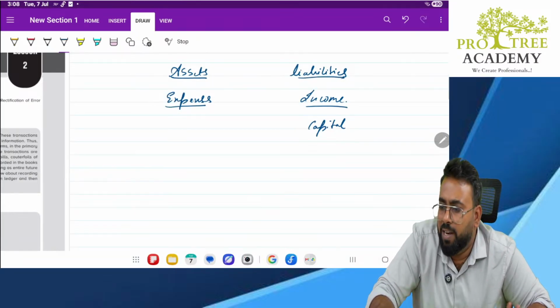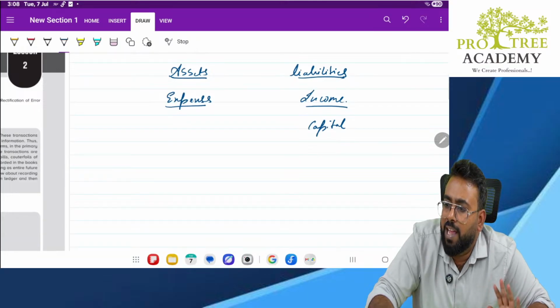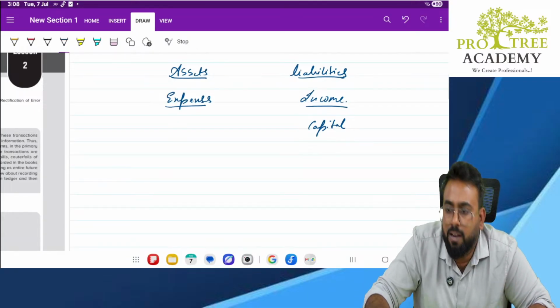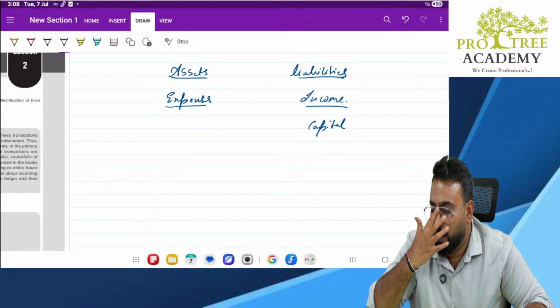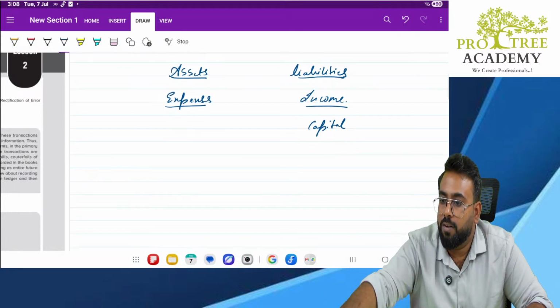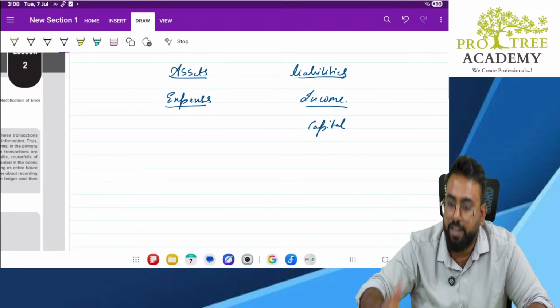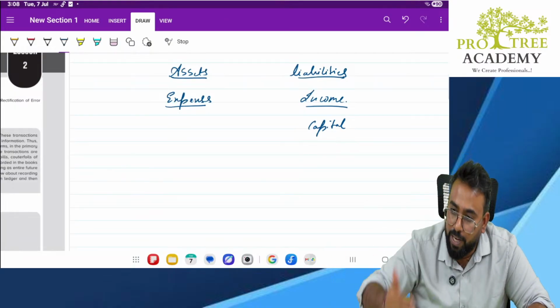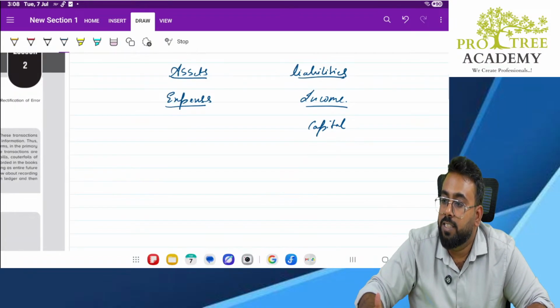Correct? In layman language, income means anything where we earn revenue. In technical terms, we can say inflow of economic benefit which is not by way of contribution by the owners.